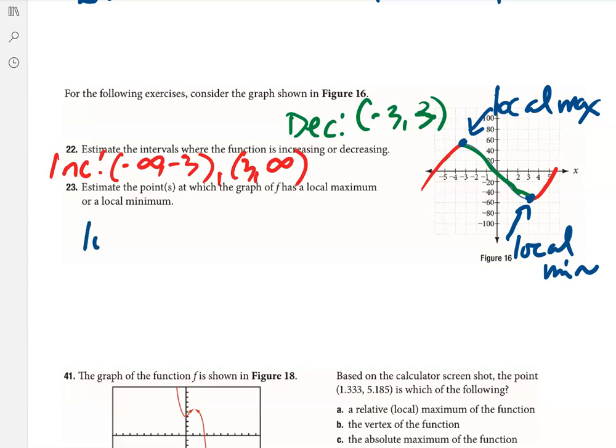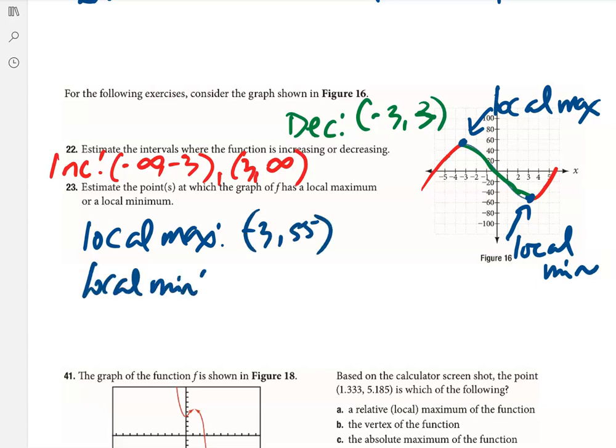So local max, that is at negative 3, 55. Local minimum, that is 3, negative 55. Just an estimate, because it is not exactly at 60.